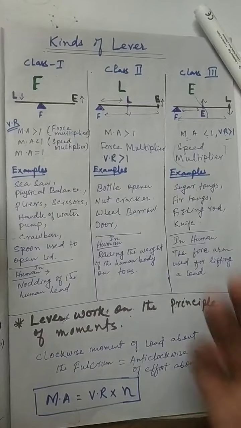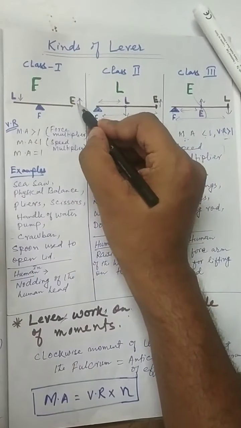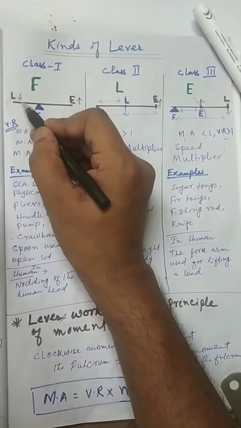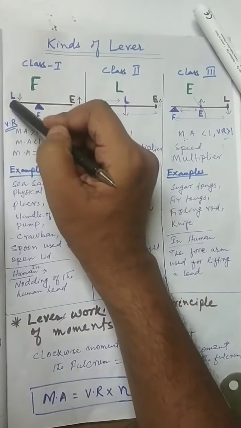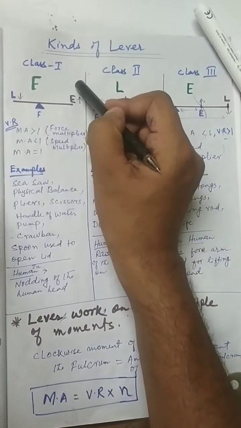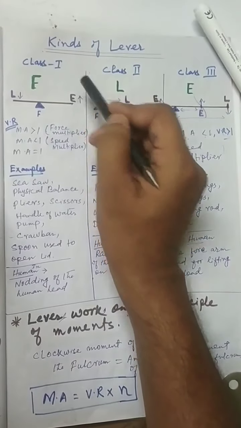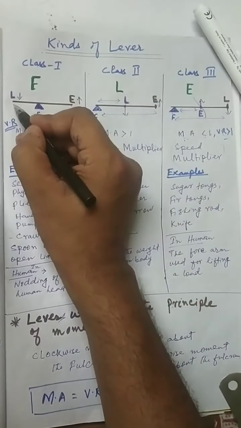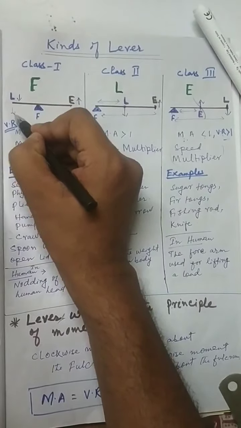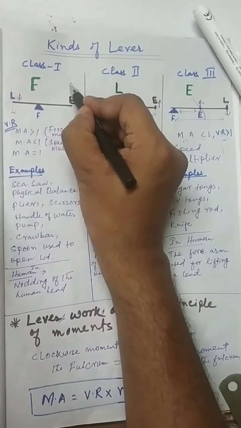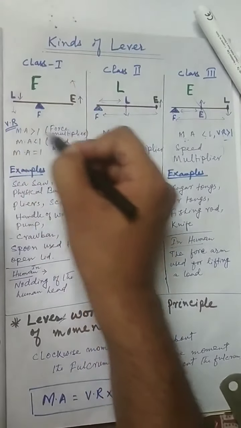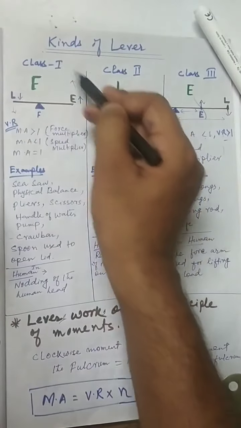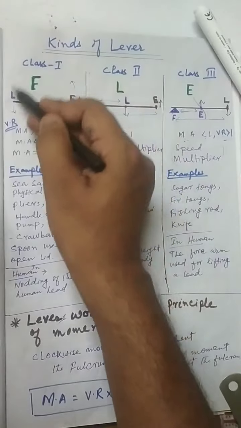Look at this. This is the load and this is the effort. When the load is working in this direction, then the effort is working in that direction. Then this rod will go in this direction and the effort will go in that direction. So this one is clockwise, this is anti-clockwise.